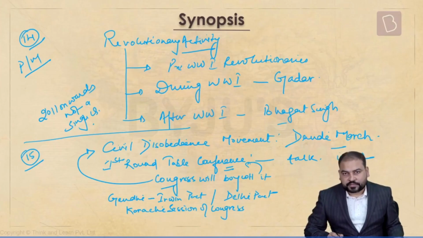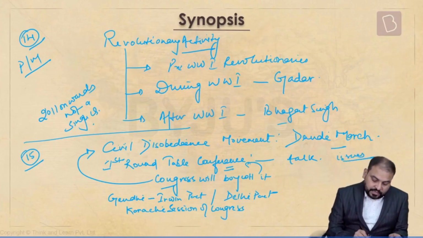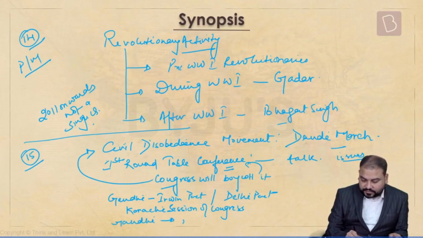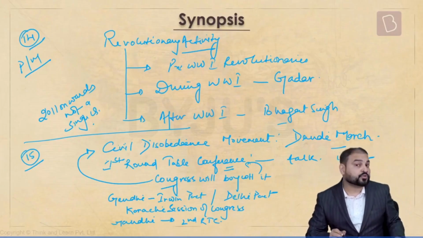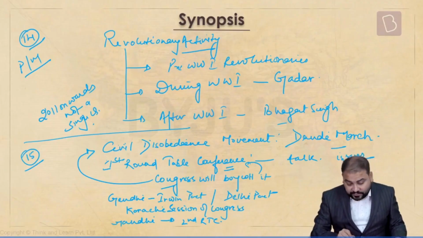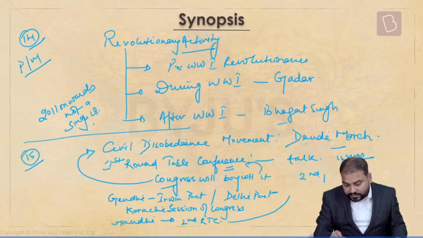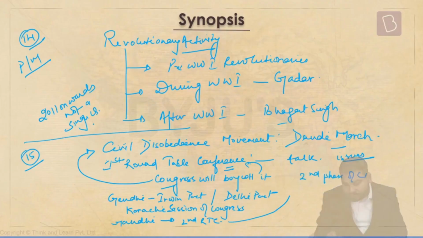Now, as you all can understand, after this, Gandhiji will go and attend the Second Round Table Conference, which will ultimately turn into a failure. And Gandhiji will come back to the country and again launch the second phase of the Civil Disobedience Movement.